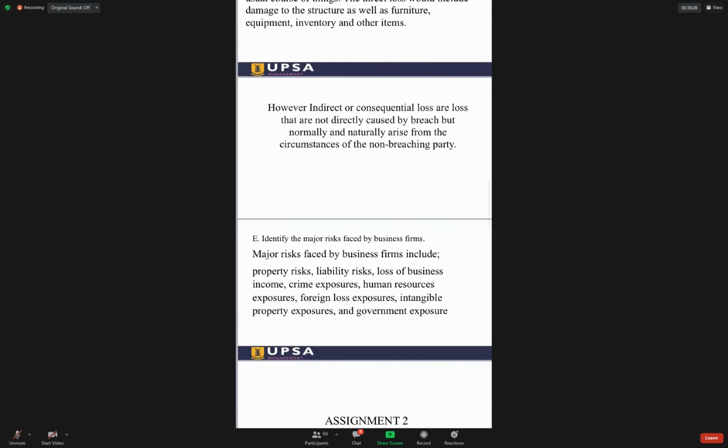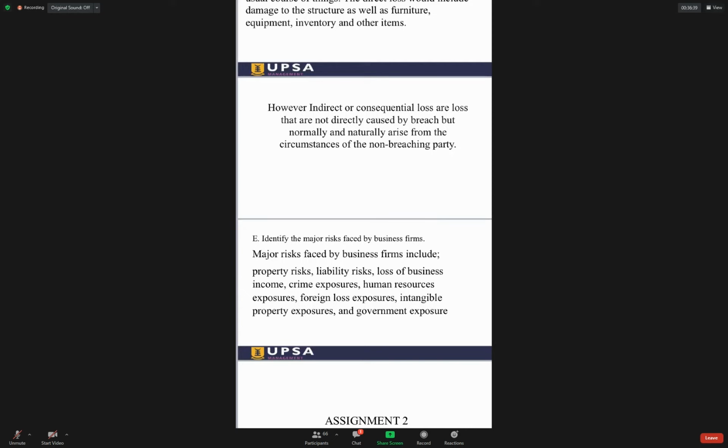So the next question is to identify the major risks faced by business firms. We are very much aware, due to the times that we find ourselves in, that many people try to find many dubious ways and means to enrich themselves. It has resulted in an abundance of risks posed to businesses.